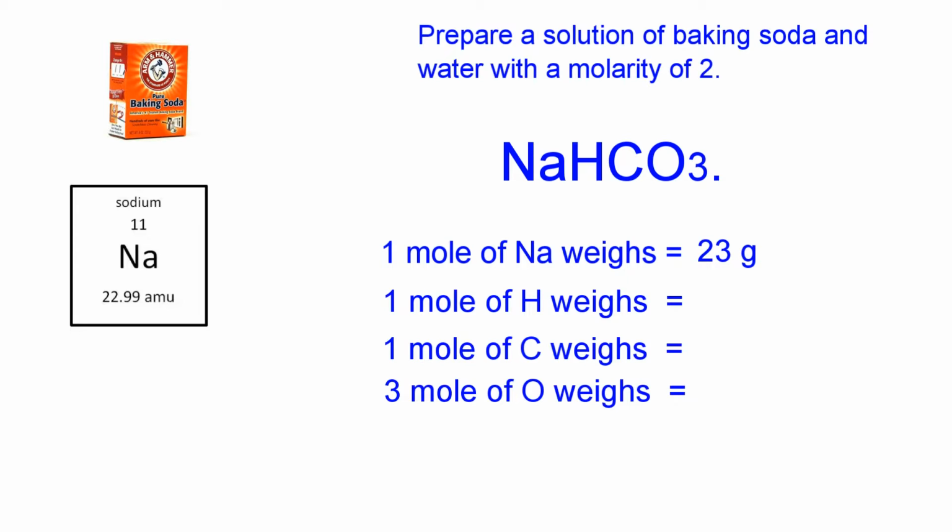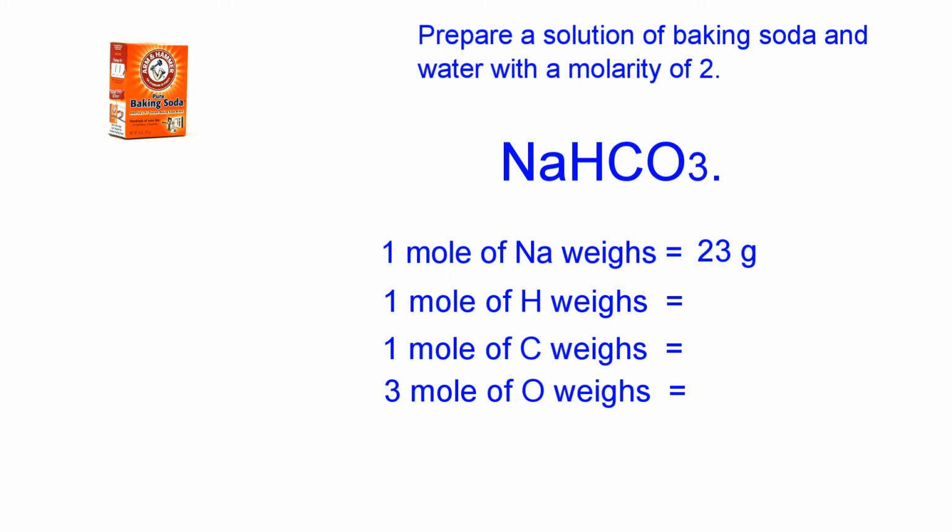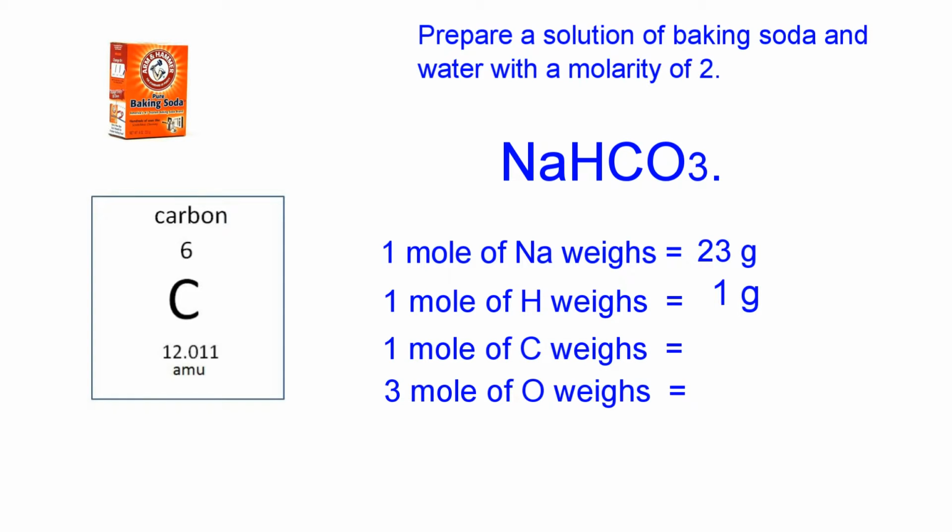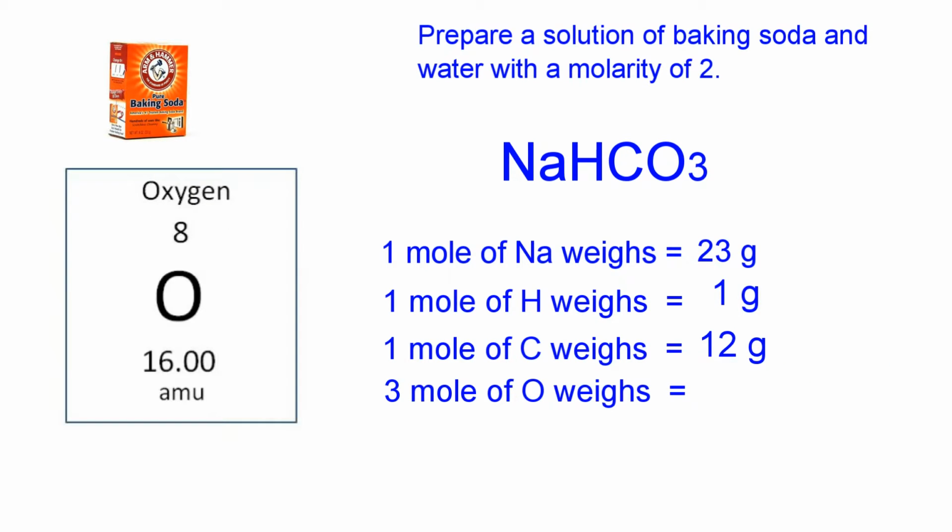Now we do the same thing with the other atoms that make up a molecule of baking soda. We'll round off hydrogen to 1 gram, and we'll round off carbon to 12 grams. The atomic mass unit number of oxygen is 16, so we know that 1 mole of oxygen atoms weighs 16 grams.